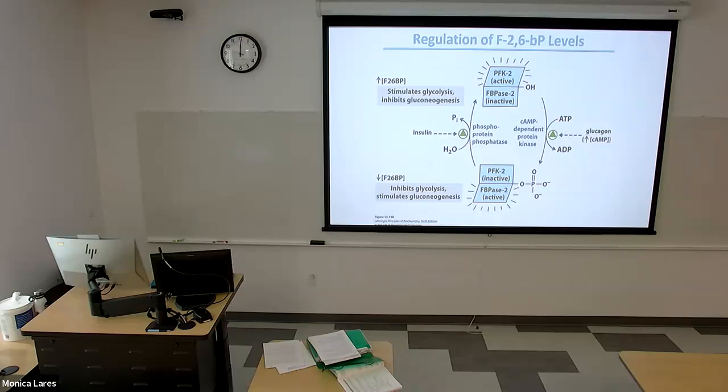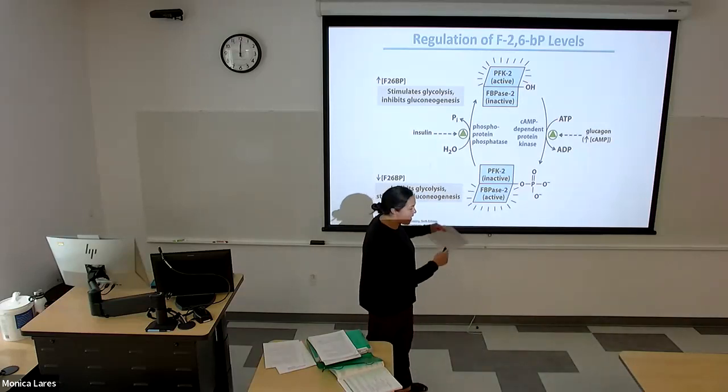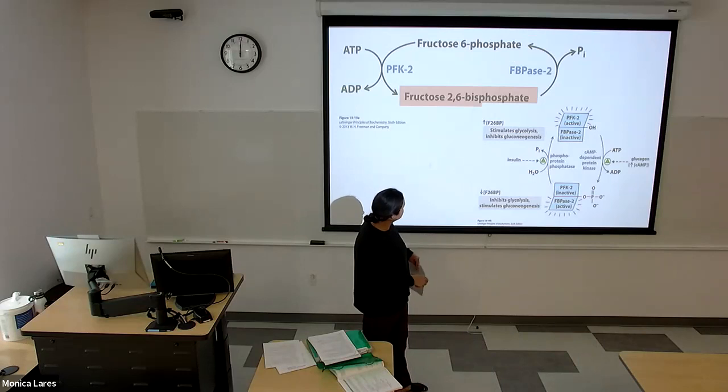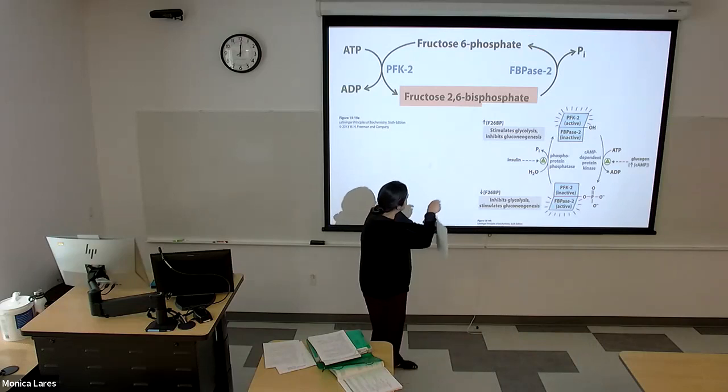Glucagon activates this kinase, which activates FBPase2. If FBPase2 is active, that means we're taking that fructose 2,6-bisphosphate and removing a phosphate group. If this is active, we're getting rid of this, and we just end up with fructose 6-phosphate.